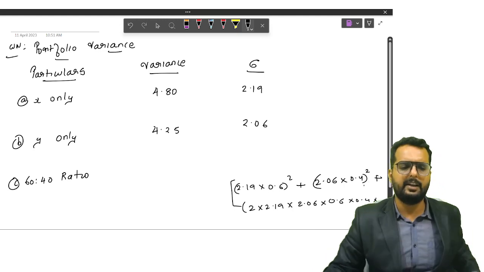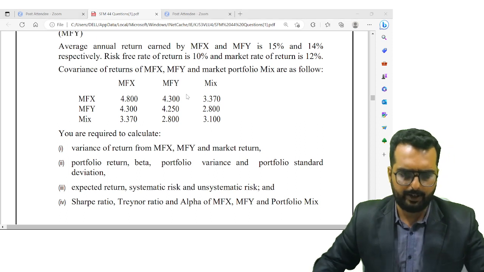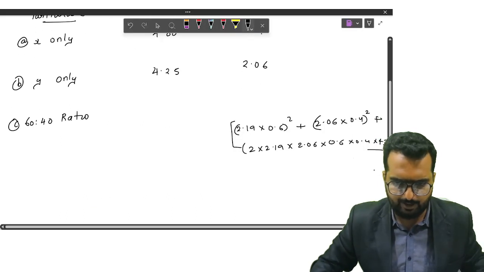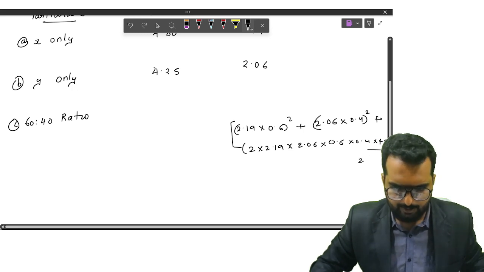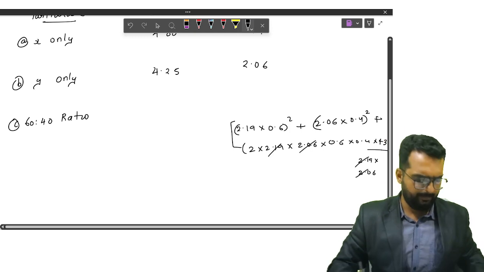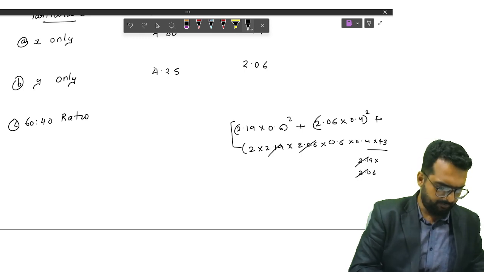Correlation is not given, but we can take covariance of XY. How much is covariance of XY? 4.3. 4.3 divided by standard deviation X, standard deviation Y, divided by 2.19 into 2.06. So this and this will get cancelled. So can someone help me with the answer now? 2.19 into 0.6.